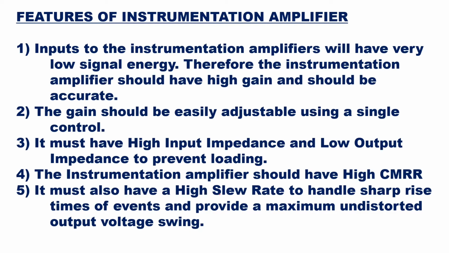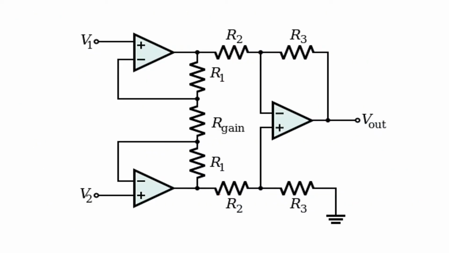Now let's see the instrumentation amplifier circuit. Here, this is the circuit of the instrumentation amplifier. It has an input here called V1, which is given to a non-inverting amplifier. This will be non-inverting amplifier number 1.